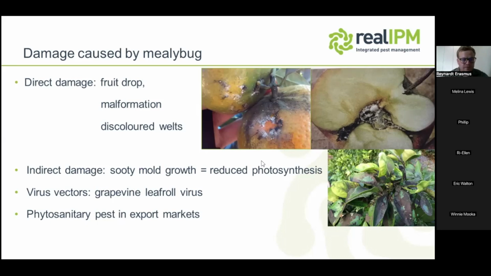In terms of viruses, they are also significant vectors of certain viruses and diseases, such as in the case of the vine mealybug, which is the most prominent vector of the grapevine leaf roll virus. Additionally, they are also considered phytosanitary pests in various export markets. Therefore, the economic impact that they can have in terms of phytosanitary considerations can far outweigh their conventional pest status.